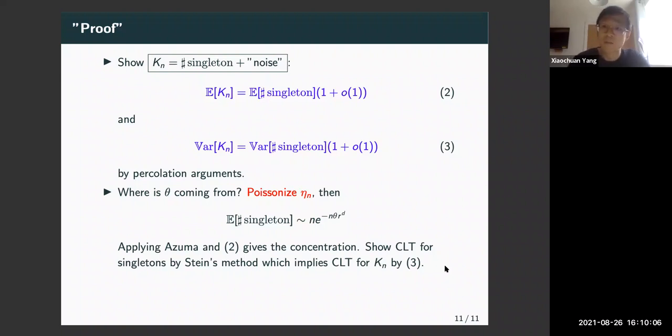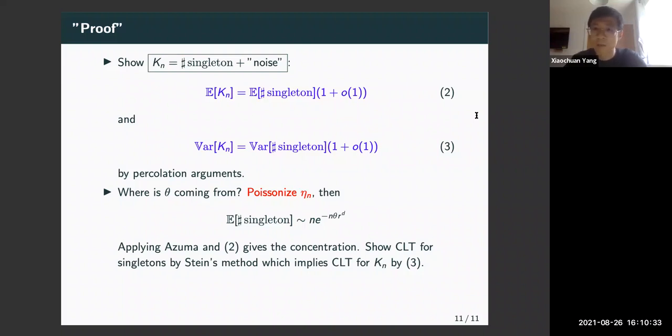So what is this noise? Of course, we can always write the number of components as the number of singletons in the graph plus the number of components of order 2, 3, 4, and so on. So this equation basically says that all the non-singleton components are negligible compared to the number of singletons in this regime.